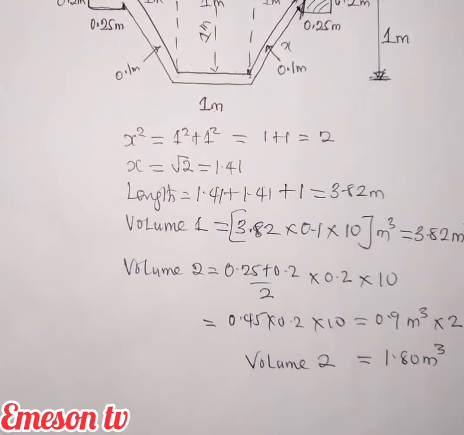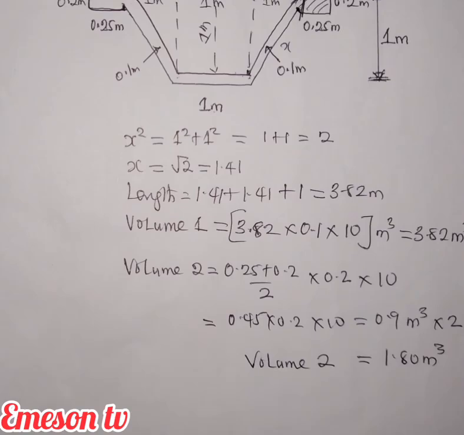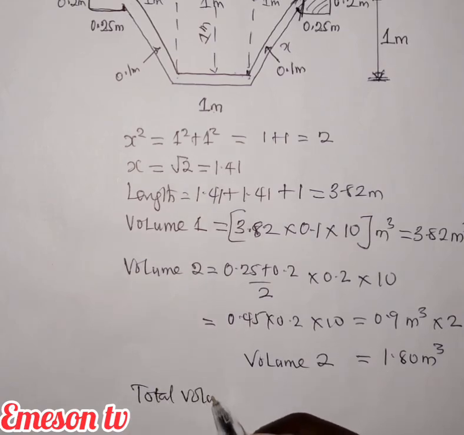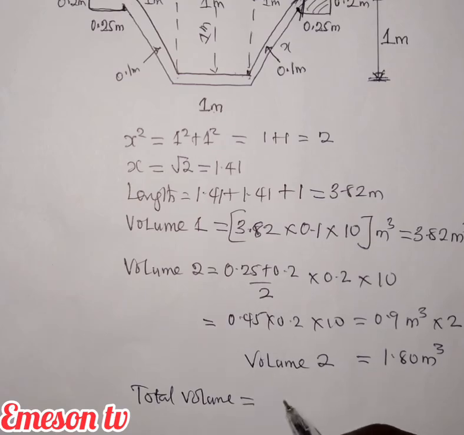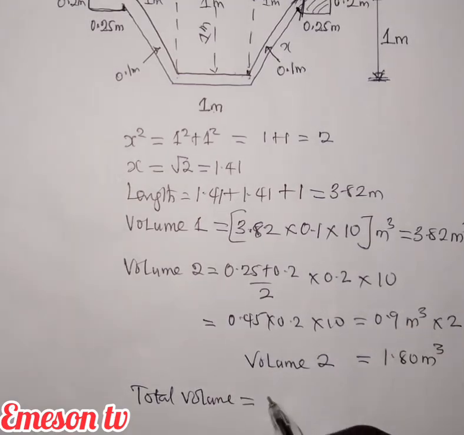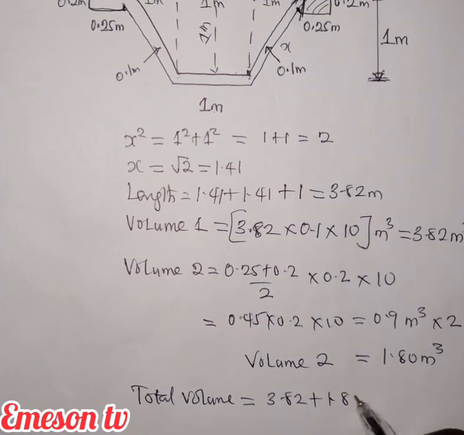The next thing is to calculate for the total volume. The total volume will now become: the first volume was 3.82 plus the second volume was 1.80 meter cube.